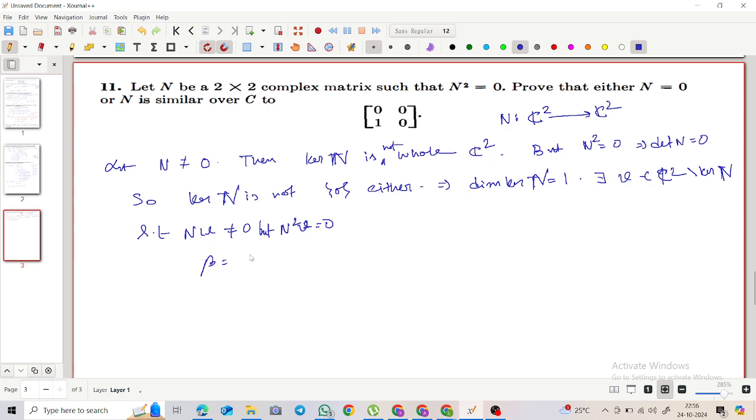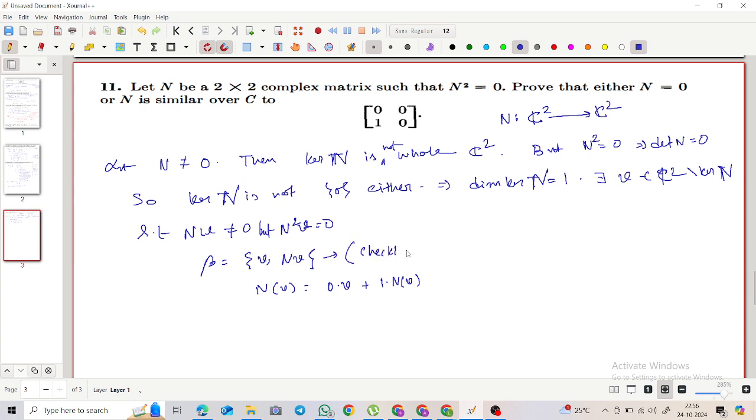So take this basis beta, v and Nv. This is called the cyclic basis of N with respect to v. Take this basis, evaluate this matrix. What is Nv? That is 0 into v plus 1 into Nv. This is linearly independent, okay?